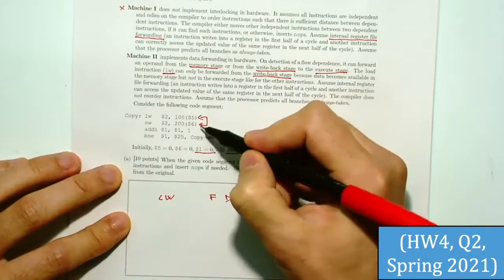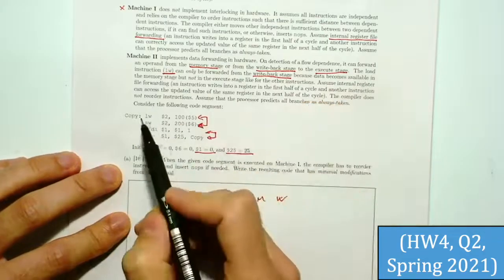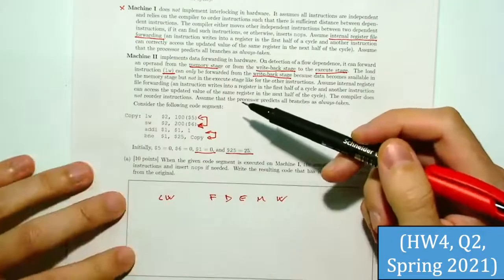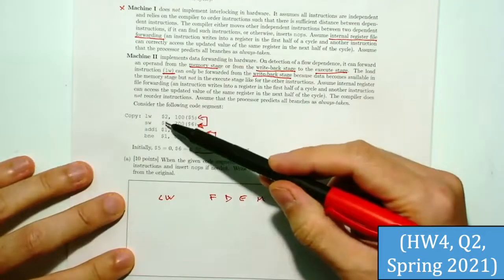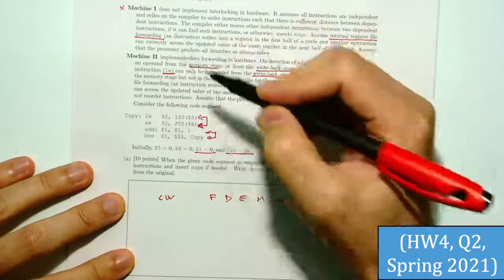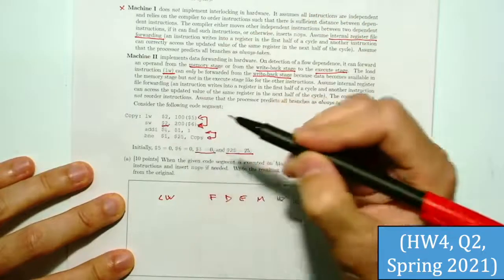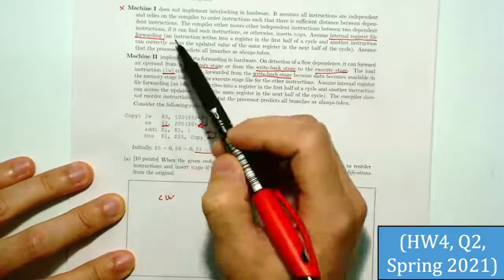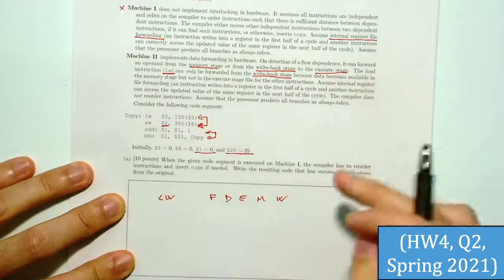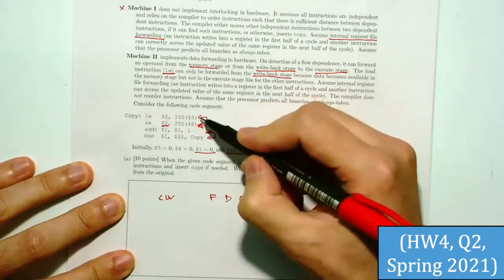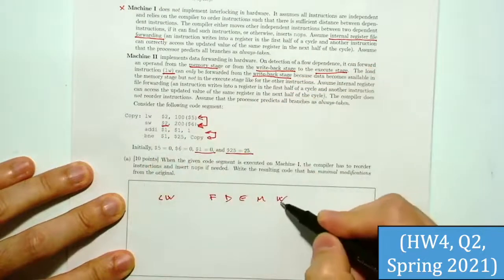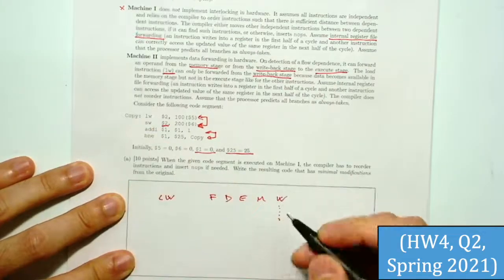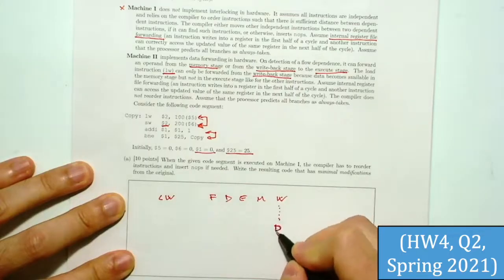To execute the store, we need to have this register content. And we assume internal register file forwarding. So in the same cycle that we write back in the load, we can read for the store. At this point, in the write back, we can read for the store, and we read registers in the decode stage. So we can do this.